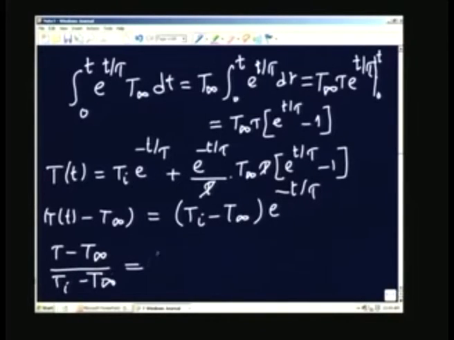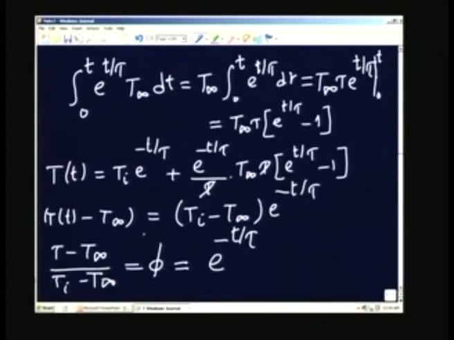I will call it the ratio of two temperature differences, equal to phi, which is a non dimensional temperature ratio, which of course is a function of time. This is equal to e to the power of minus t by tau, which is again a non dimensional ratio of time in t seconds, or t in whatever units, to the time constant, which is in the same unit.